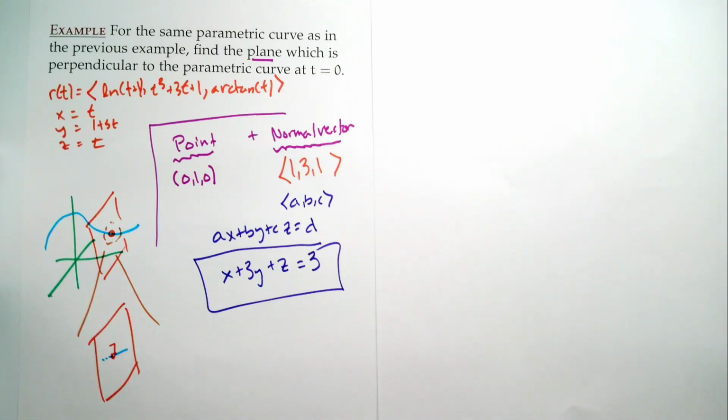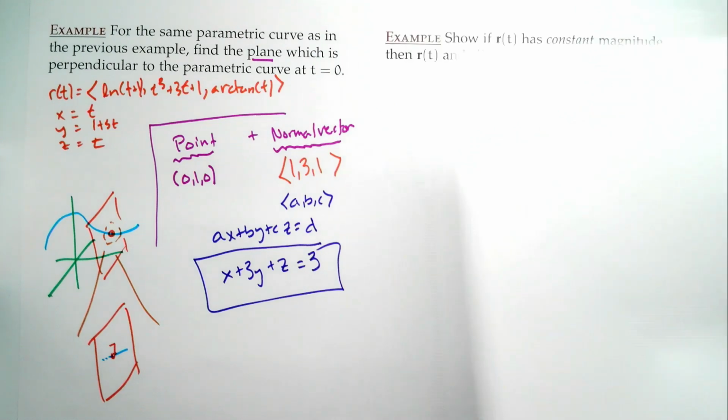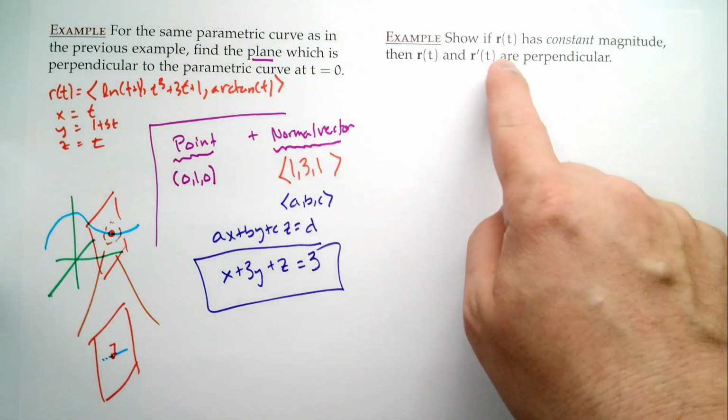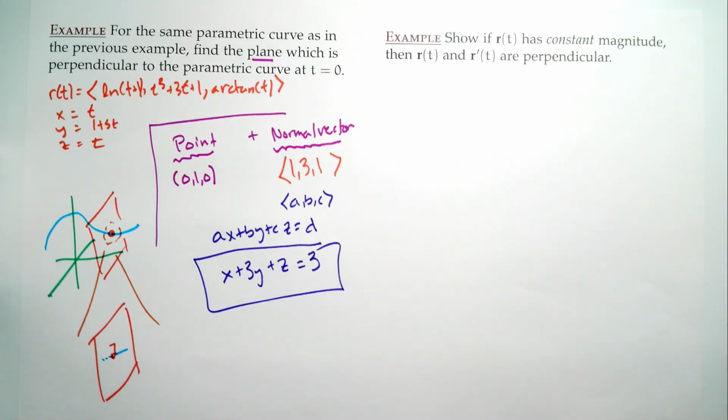All right. So tangent lines, perpendicular planes, we can find them. We use the information about the function and about the derivative. All right. Now, suppose we have r of t is a vector which has constant magnitude. We want to argue that the vector valued function r and its derivative are perpendicular.